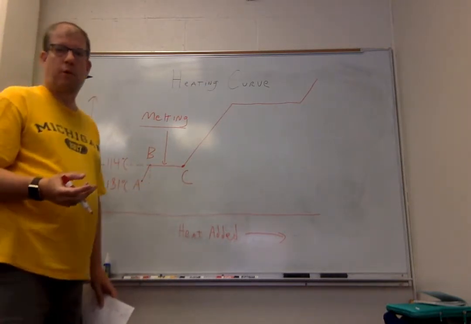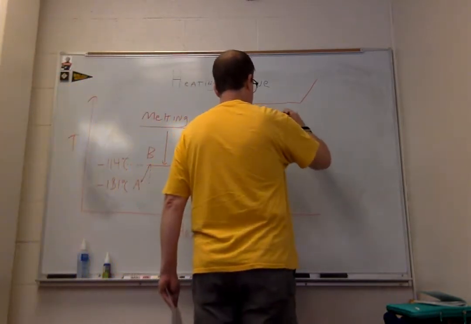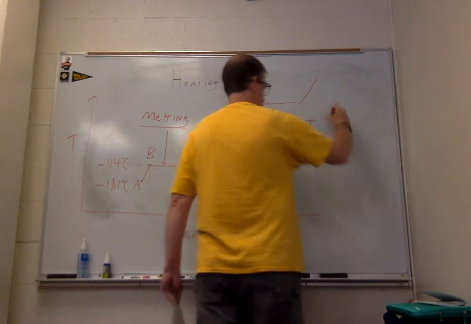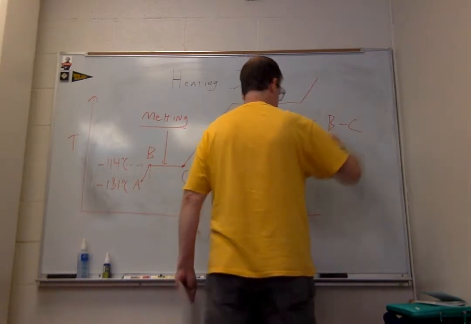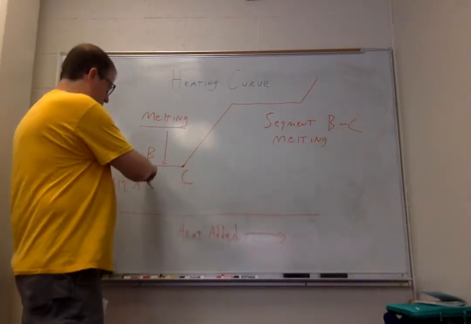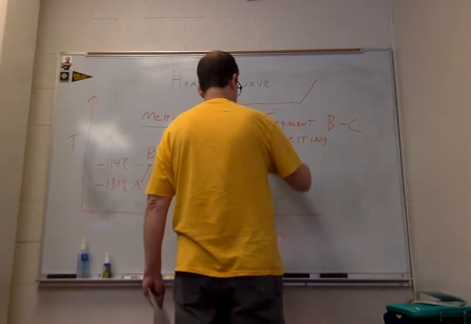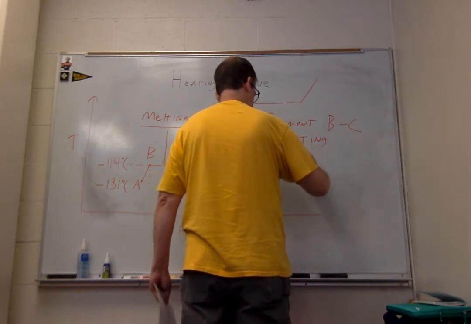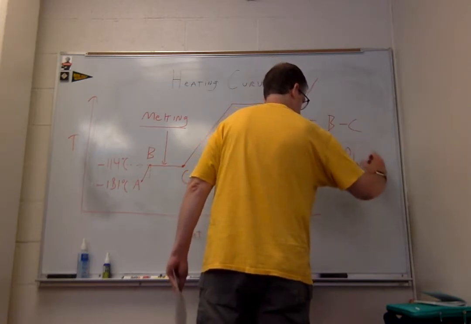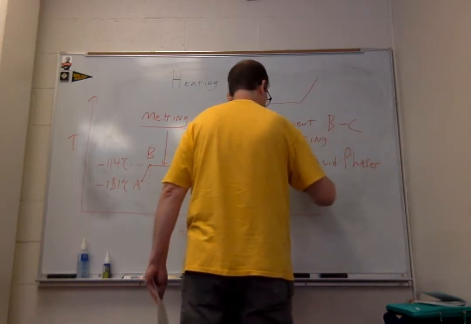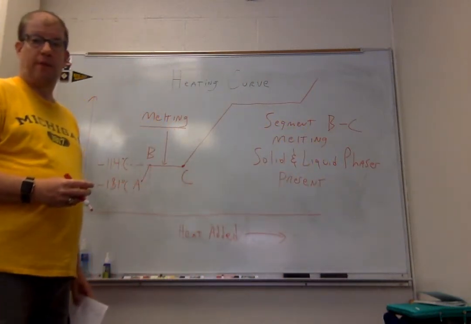You're breaking apart the crystal lattice of the solid. It's coming apart. And so what's going on along that segment? You're melting. So along this flat line between points B and point C, there are two phases present. The solid and the liquid phase.